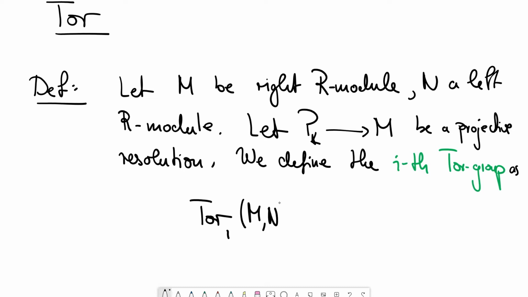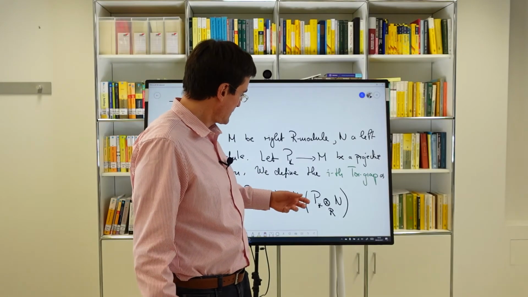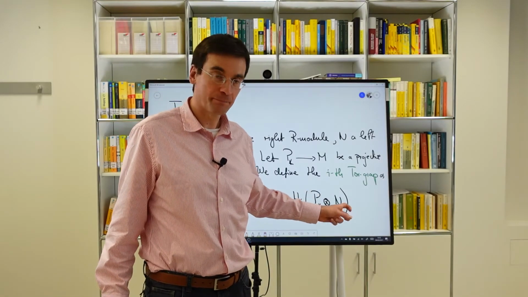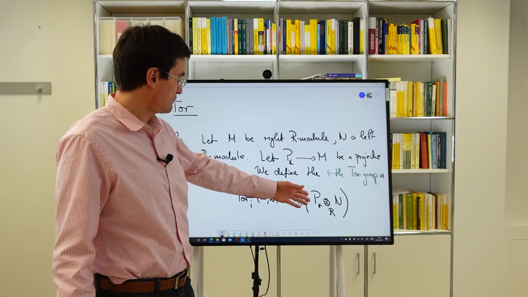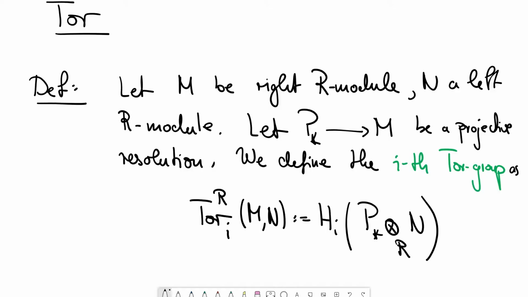So here's the symbol Tor_i of M, N over R, and this is the homology in degree i of P star tensor N. Okay, so P star, the resolution, is a chain complex. We tensor it with N, and then we still have a chain complex of abelian groups, and we take its homology. And this is the Tor term of M and N.